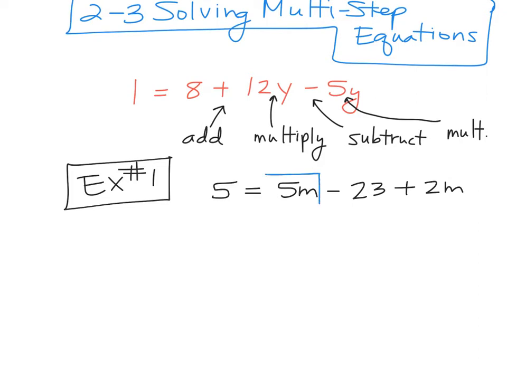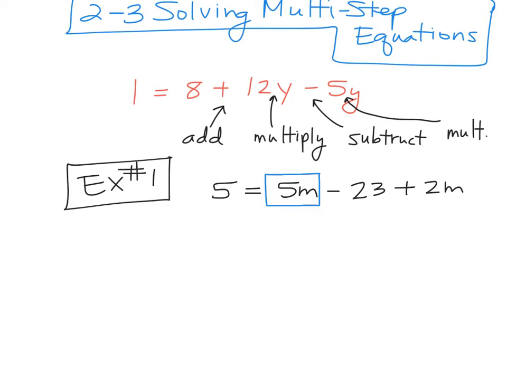Is 5m positive or negative? Positive. If there's no negative sign in front of it, it's a positive 5m. Now here's the question. This is where a lot of people make a mistake. Am I adding 2m or subtracting 2m? Adding. A lot of people go, oh, 5m minus, and then they see the 2m, so they subtract them.